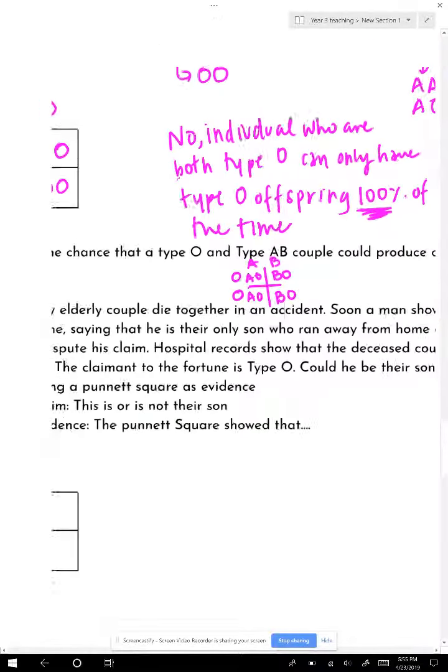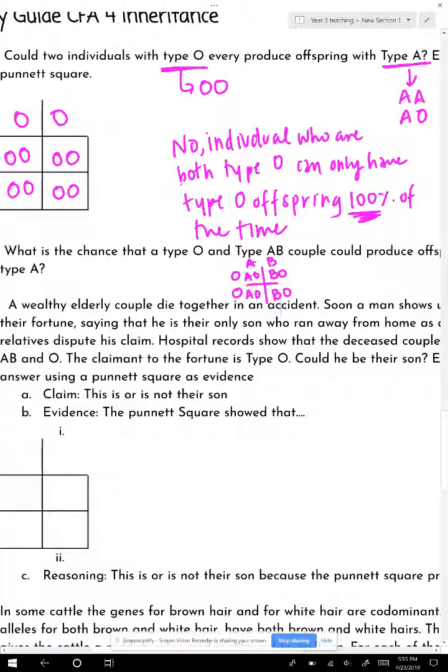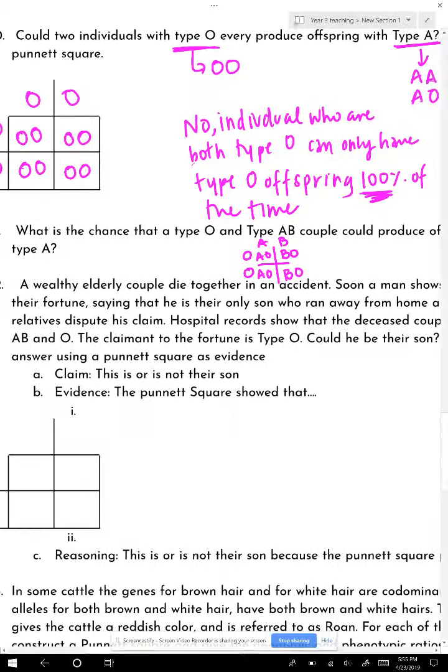Right, so that is pretty much my chances for my kids. So what is the chance that a type O and a type AB couple can produce offspring with type A? If I look on here, I have two type A's, so I have a 50% chance for type A. Okay.